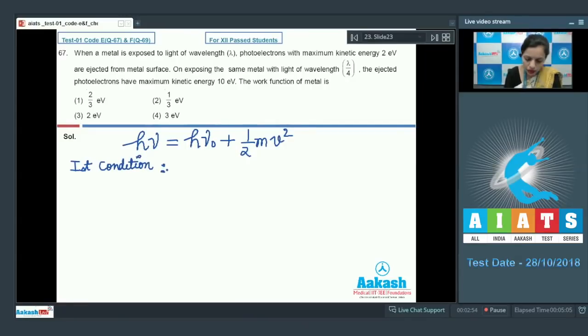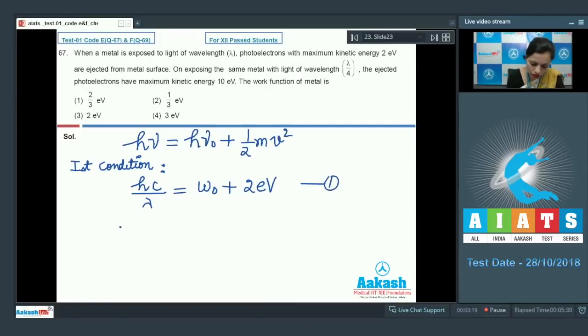The h nu can be calculated with the help of hc by lambda, and lambda is the wavelength, that is also given. So hc by lambda is equal to the work function, say W naught, plus the kinetic energy, that is given here. Maximum kinetic energy is 2 electron volt. Now this is the first condition.